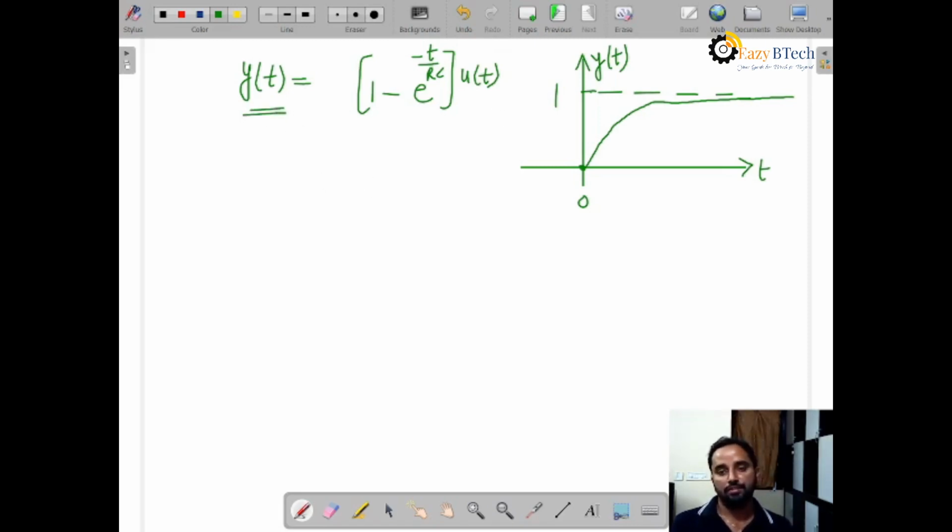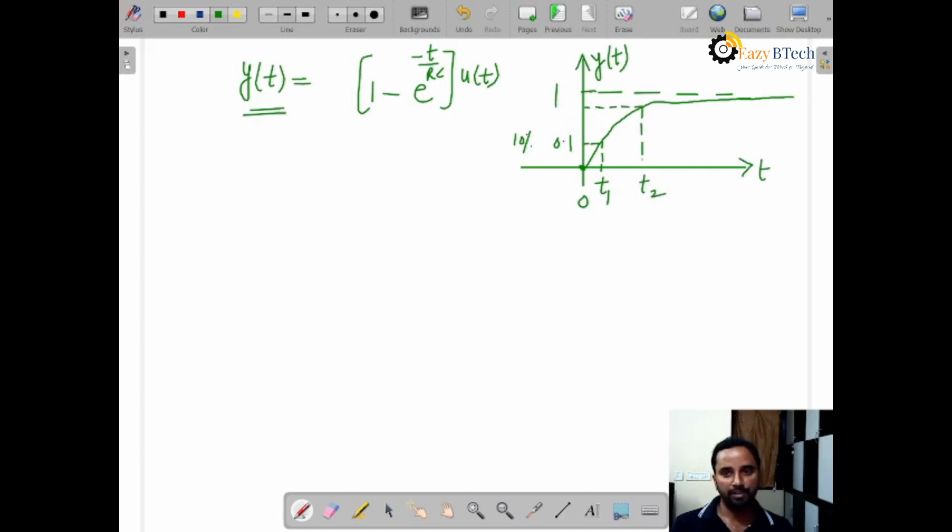Okay, now I am going to define rise time. What is rise time? At t equal to t1, the output is 10% of the final value, meaning 0.1. And at t equal to t2, the output is 90% of the final value.